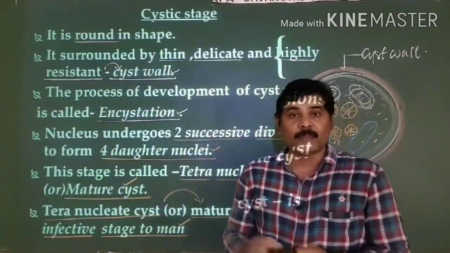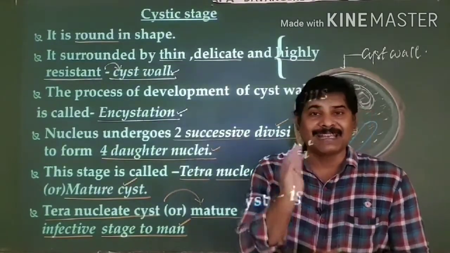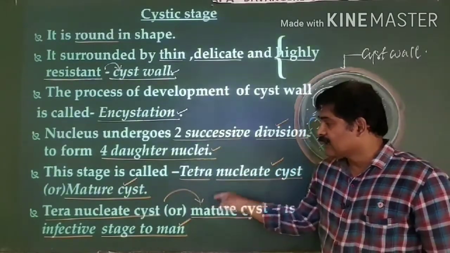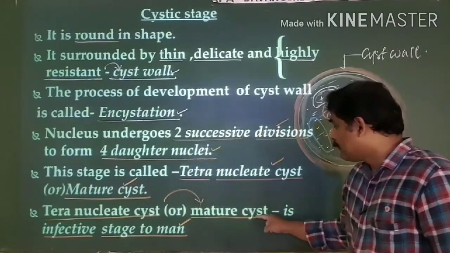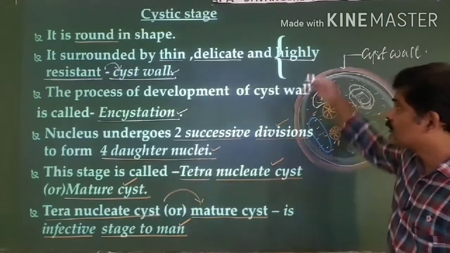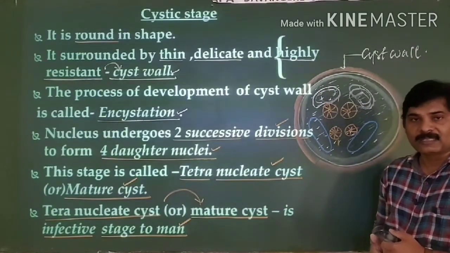This is the stage of the parasite at which it enters into the host body and causes infection within the host. Point clear? That is the tetranucleate cyst or the mature cyst, which is an infective stage to man. This is all about the third important stage of Entamoeba histolytica.